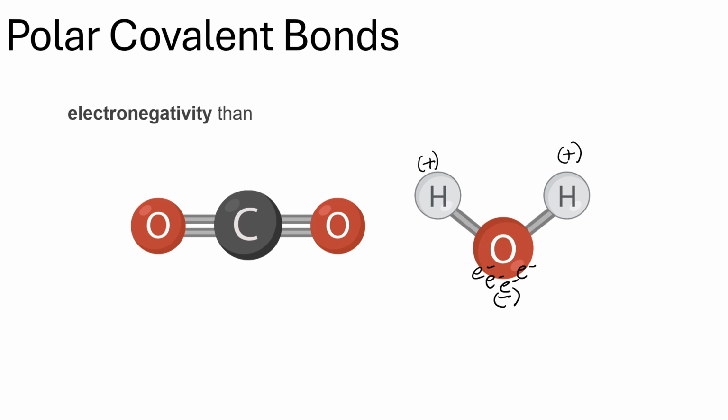This type of bond between the atoms of a water molecule is called a polar covalent bond. A molecule with two poles, one slightly negative and one slightly positive, north and south. No, just positive and negative, not north and south.